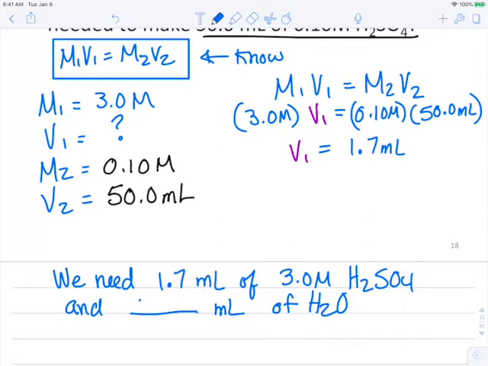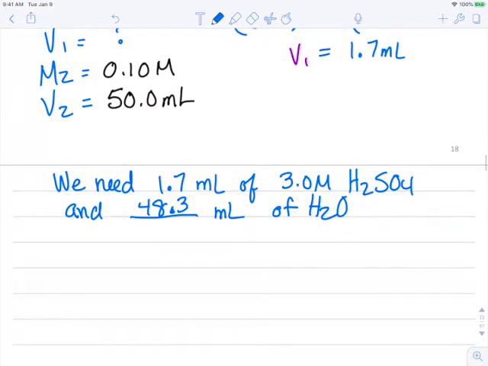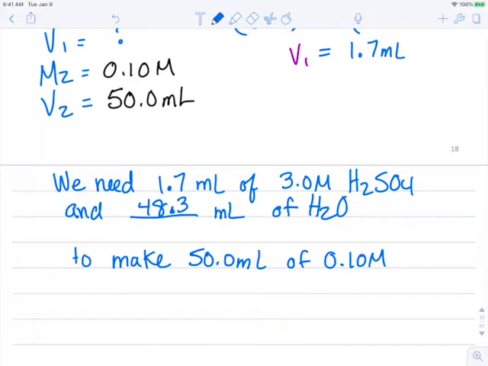I think I heard a 48.3, like so. Does it make sense why we need 48.3 milliliters of water? Yes. Okay. So we need 1.7 milliliters of 3 molar sulfuric acid and 48.3 milliliters of water to make what we really want, which is 50 milliliters of 0.10 molar, like so.